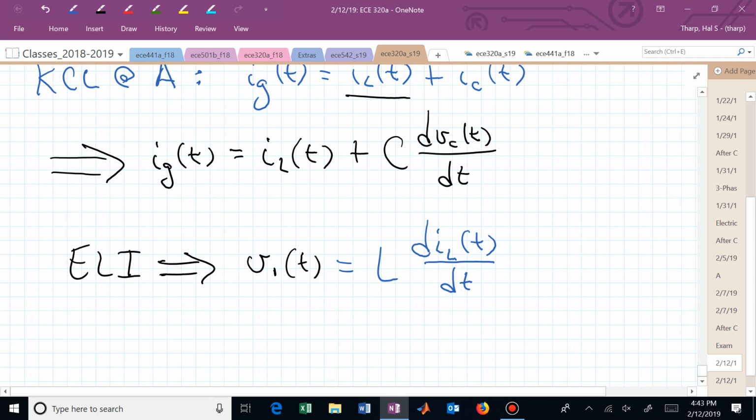We have I sub L. Can we solve this Eli for I sub L? We can integrate that, can't we? So we can now find I sub L in terms of V sub 1.